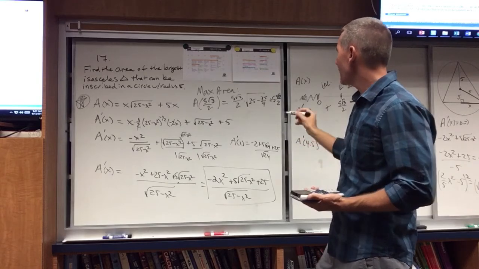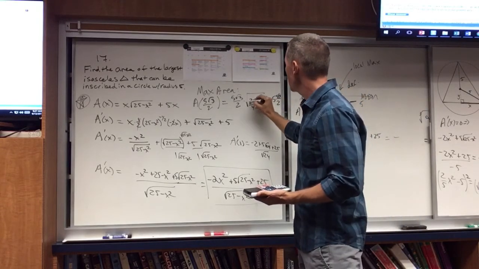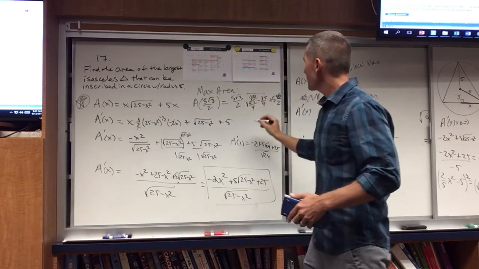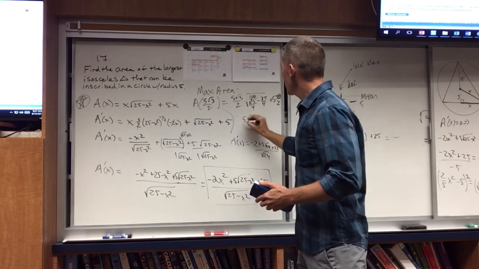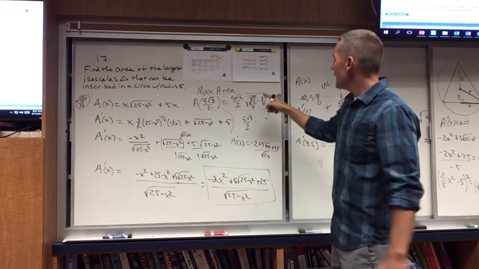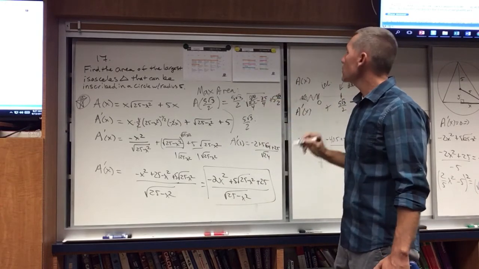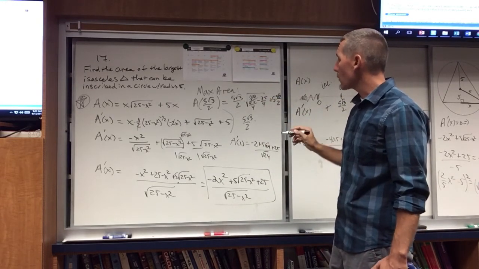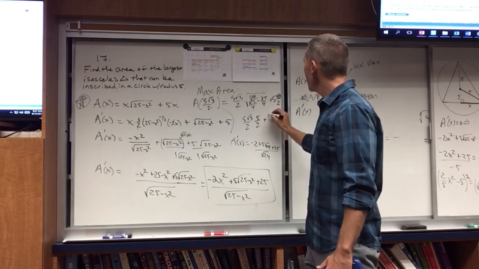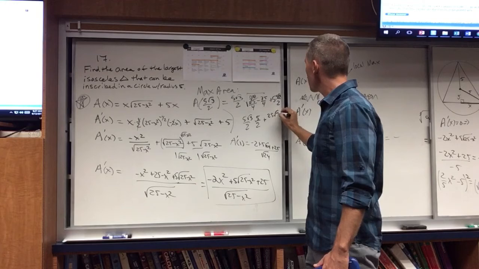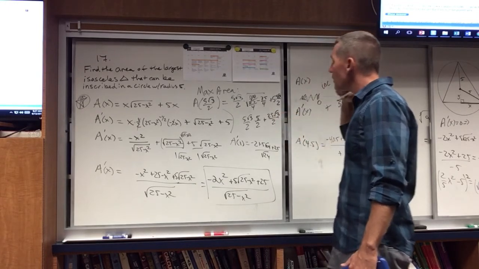And now when I do that, this is going to give me 5 root 3 over 2 times, inside there I get root 25 over 4, which is the same as 5 over 2, and then plus 25 root 3 over 2.